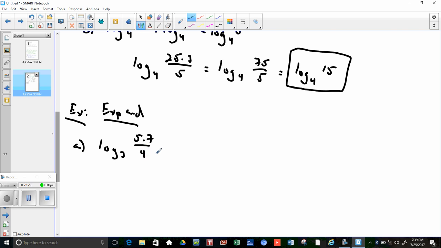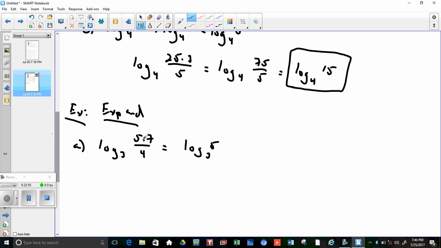All right, so the first thing you should see is that I have a certain number of pieces which are either being multiplied or divided. I have two things being multiplied on top, one which is being divided on the bottom. So when I expand this, I should have three separate logs. 1, 2, 3 pieces. So the first thing I'm going to do is everything on top, which is the log of 5 base 3.